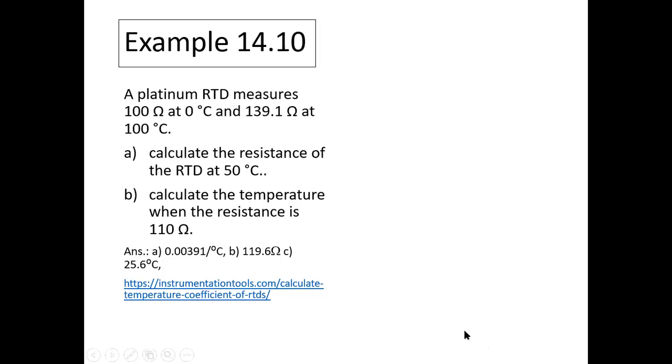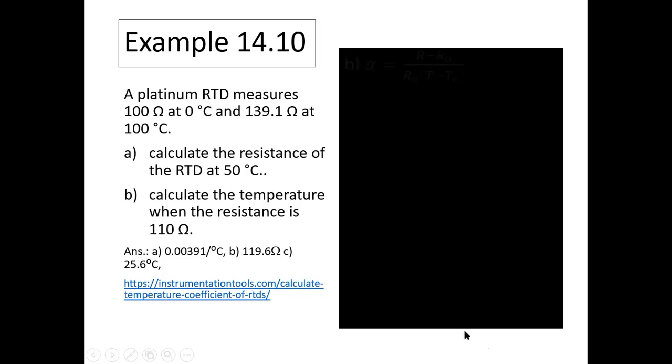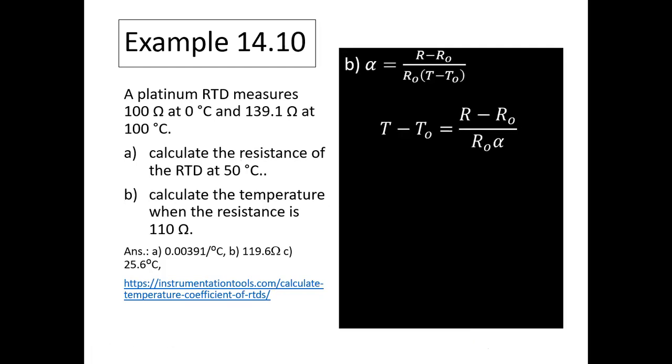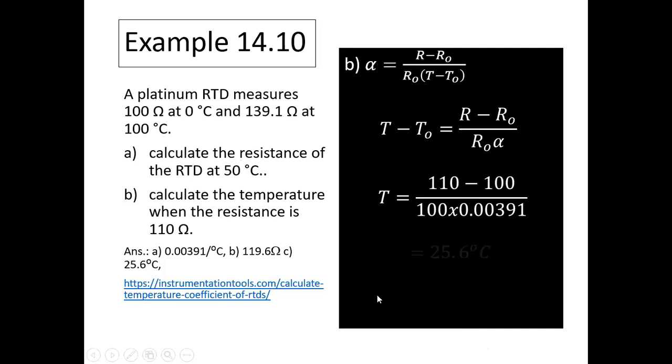It's the same thing, you calculated already. T naught is 0. From here, put in our value, that's all. My question is here, where did you get the 0.00391?